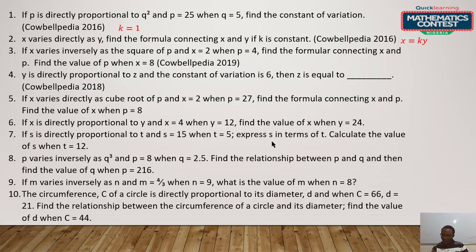Okay, let me check your time again. Okay, 1 more minute remaining.